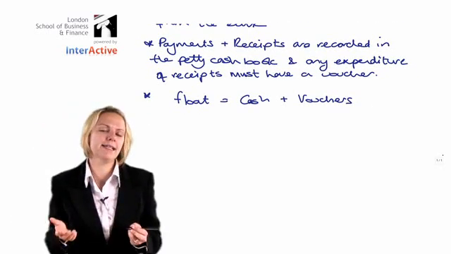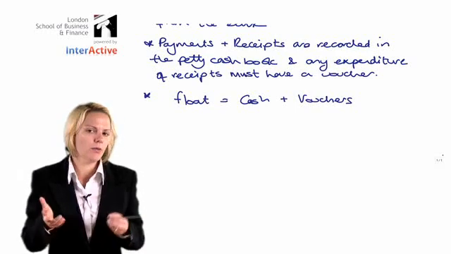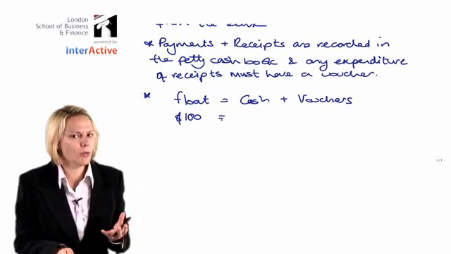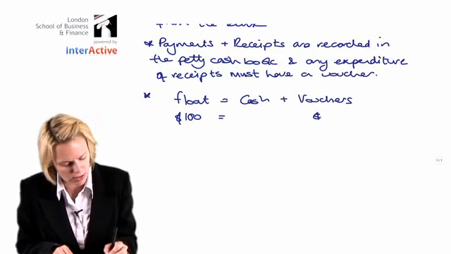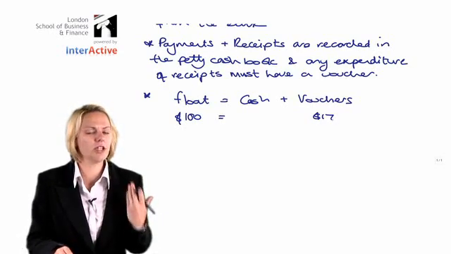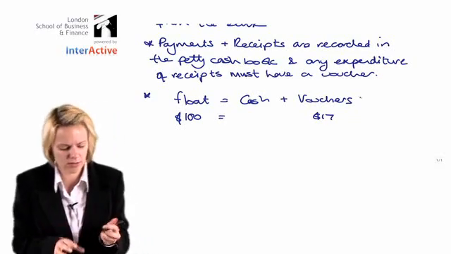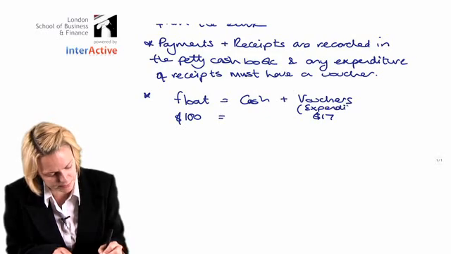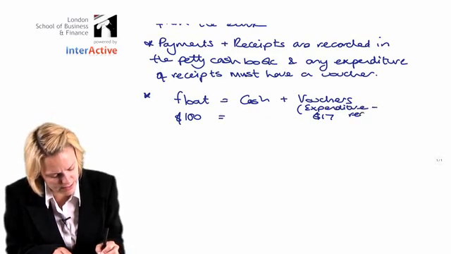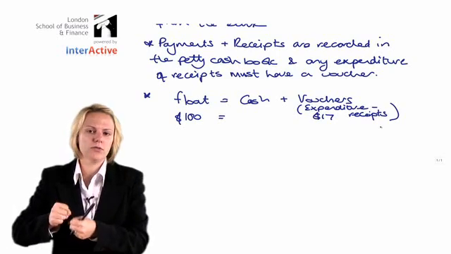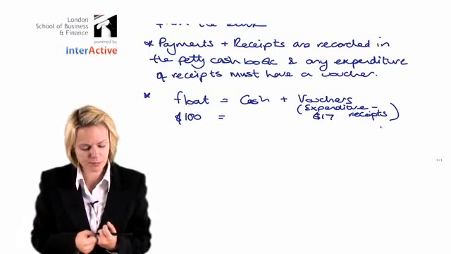So if we think about the petty cash book we've got in the notes, we said that the float amount was $100. How much did we pay out of petty cash? Well, if you remember, that was $17. So that's the voucher that's kept for each item of expenditure or receipt in. So we'll just make a note here: vouchers, expenditure minus receipts of money in, not to be confused with the receipt you receive from the shop when you buy goods.